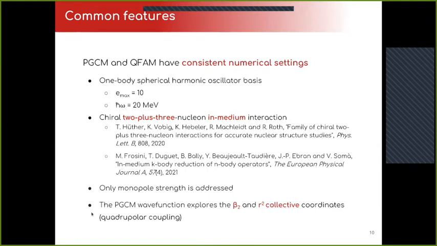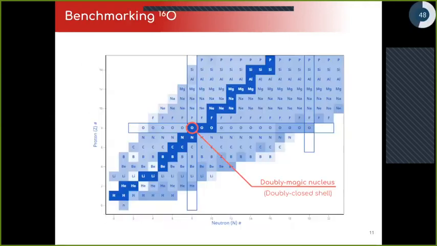I will be addressing mainly the monopole strength, and as far as the P-GCM ansatz is concerned, we will be exploring at the same time the mean square radius collective coordinate, but also this beta-2, which, as I told you before, is needed to investigate the quadrupolar coupling, so the coupling with higher multipolarity, specifically to the quadrupolar giant resonance.